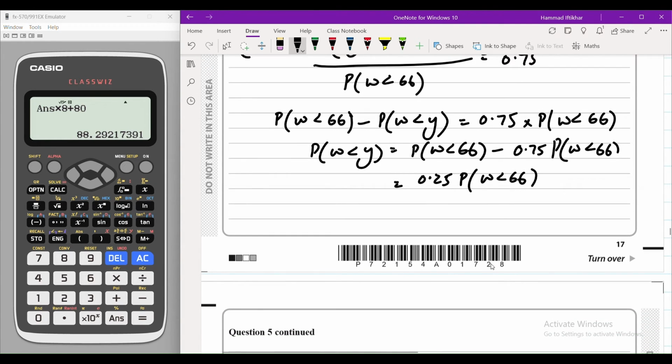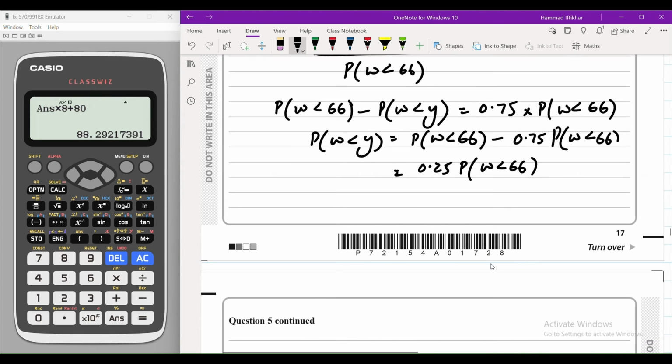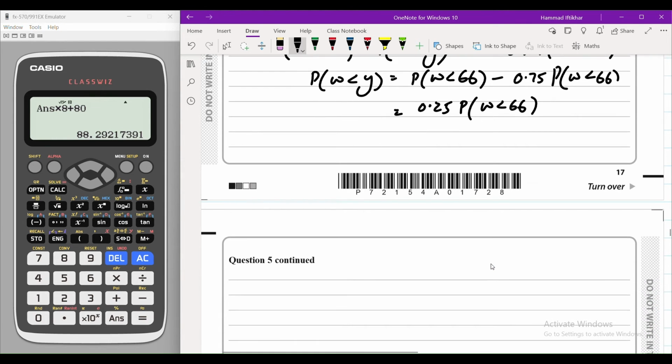So even still, there are a few steps left over here. When we convert this into standard normal, the probability of z less than, let's call this one beta now. So z less than beta is equal to 0.25 probability of 66 minus 80 divided by 8.